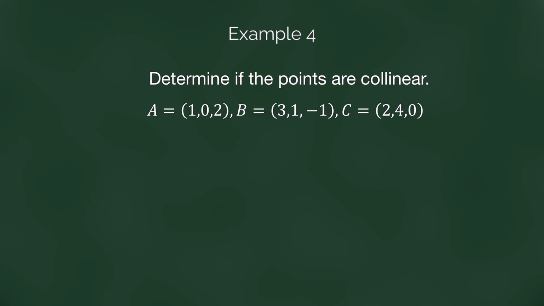One more application that involves the cross product: we're going to determine if these 3 points are collinear. And we can relate this to the idea of area, first of all. If we look at the vector AB, which is going to be the vector 3 minus 1, 1 minus 0, and negative 1 minus 2, and we look at the vector AC, then that would be the vector 2 minus 1, 4 minus 0, 0 minus 2.